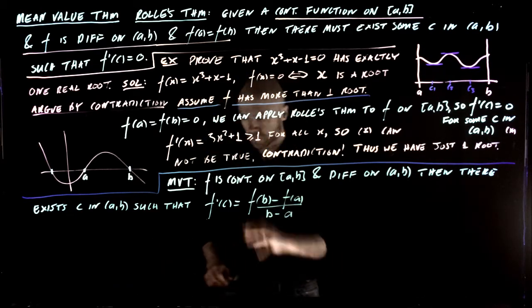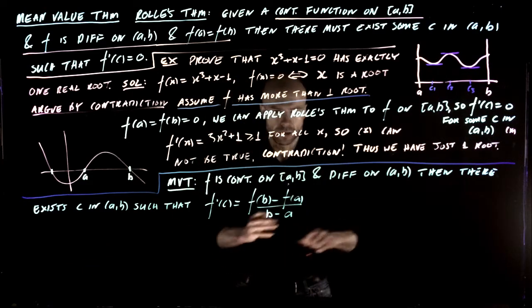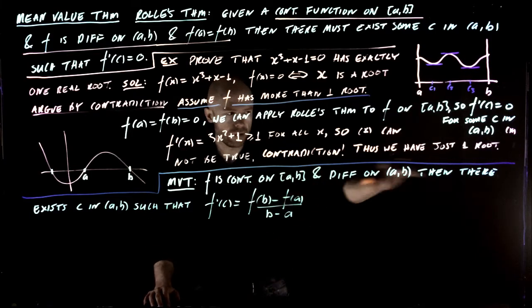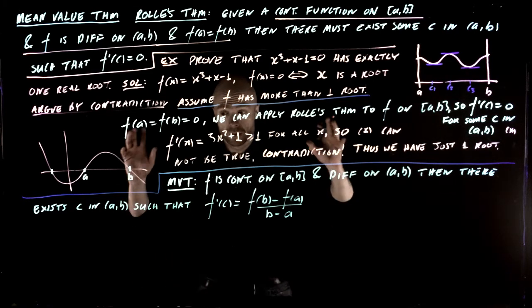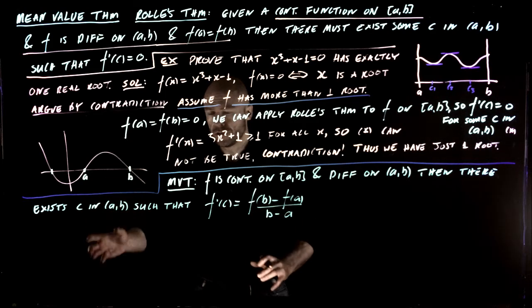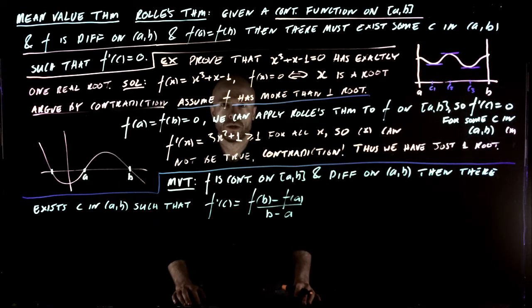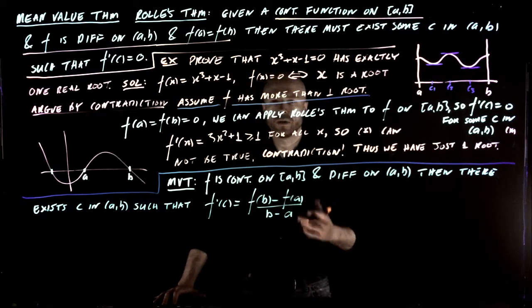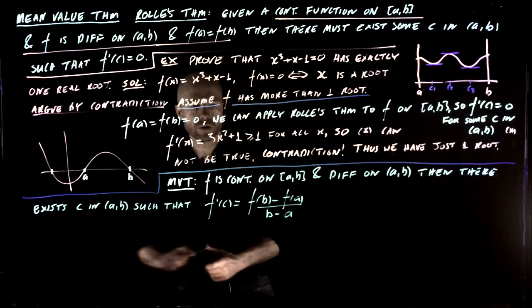Again, the best thing to do now, if you're watching this on video and you weren't in my class today, is to stop the video and draw a picture of a function that satisfies these hypotheses. And then show on your picture where there exist these points c in (a, b) such that this is true. The hint is to look at this number here and ask yourself, what is this number? Where have we seen this kind of thing before? What is its geometrical meaning?